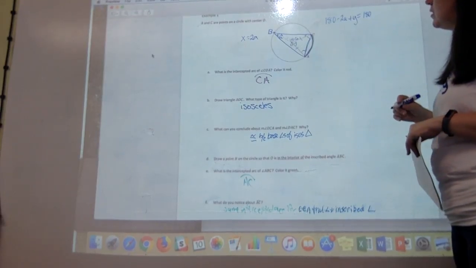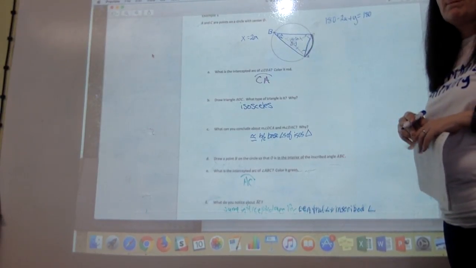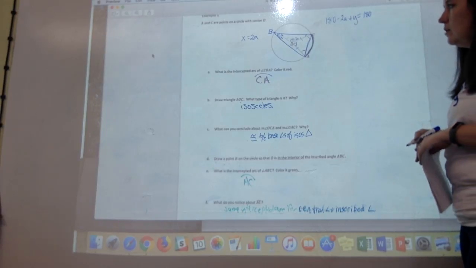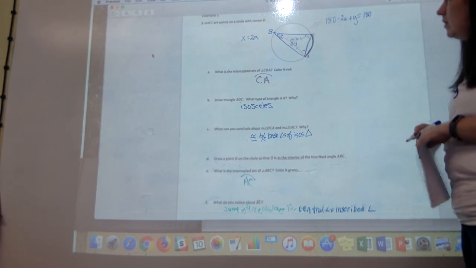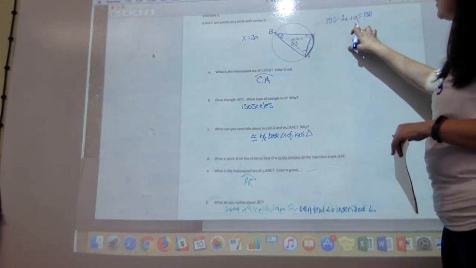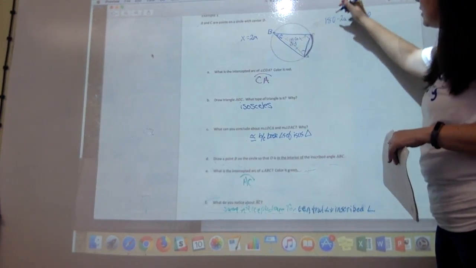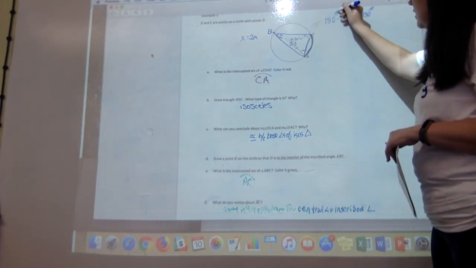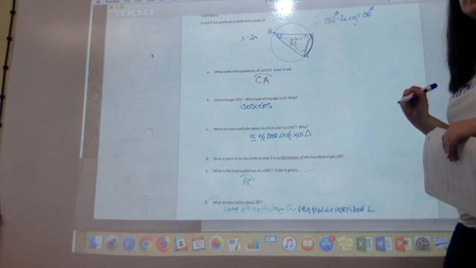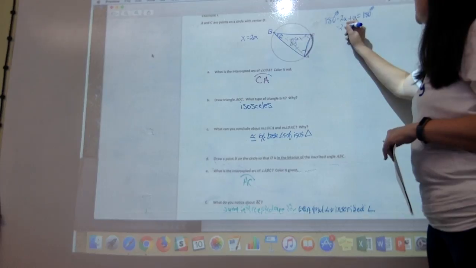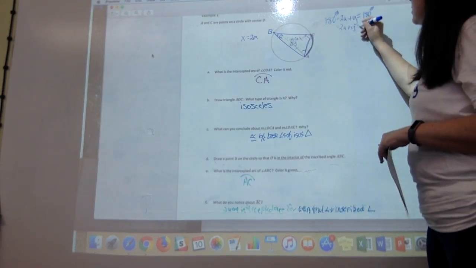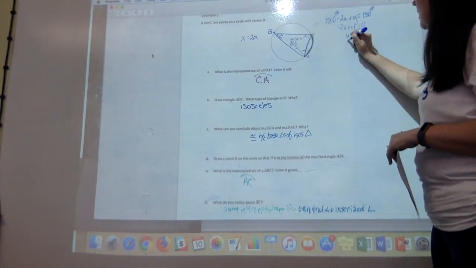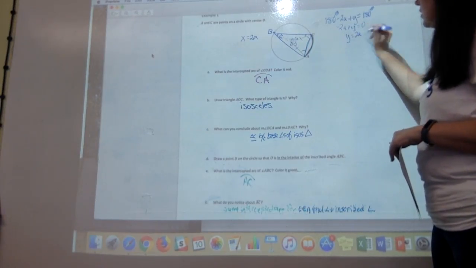Wouldn't that mean that Y has to be the opposite side of 2A? So if I did minus 180, those cancel out, and you get negative 2A plus Y equals 0. And then if I add this over here, Y is equal to 2A.